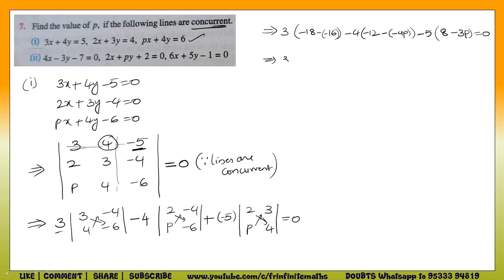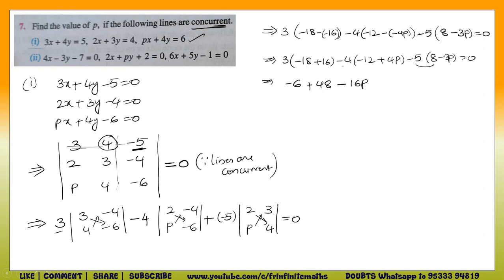Now simplifying these values: 3 times (-18 + 16) - 4 times (-12 + 4p) - 5 times (8 - 3p) = 0. Now -18 + 16 is -2, so 3 into -2 is -6. -4 times -12 is plus 48, -4 times 4p is -16p.